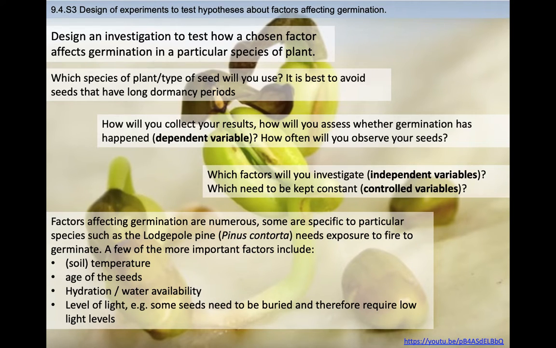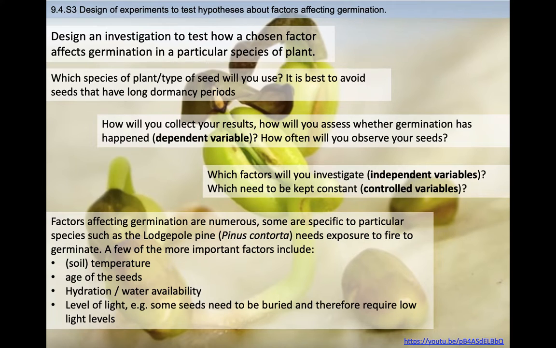If you are putting seeds in a salty environment, this might prevent water from entering the seed, and it could even cause some water to leak out of the seed. And we know water is necessary for germination to occur. So if it's in a salty environment, then it might have difficulty growing.